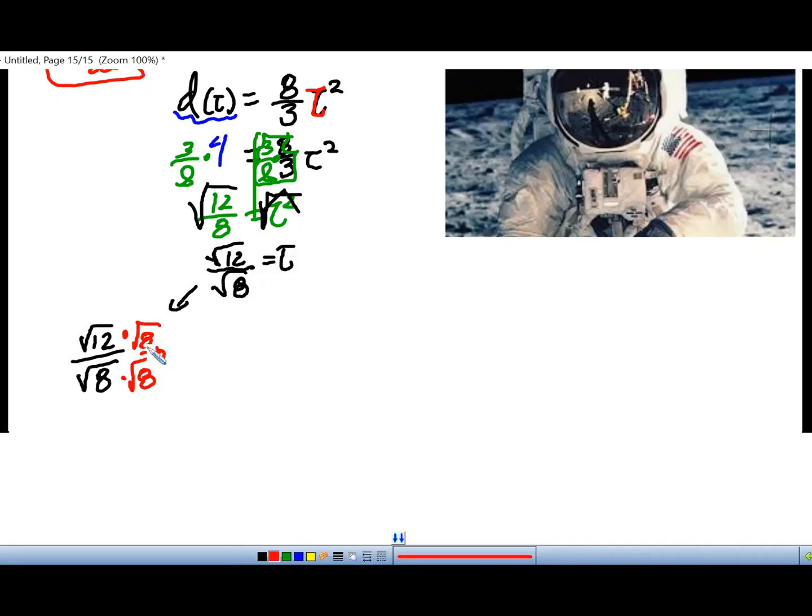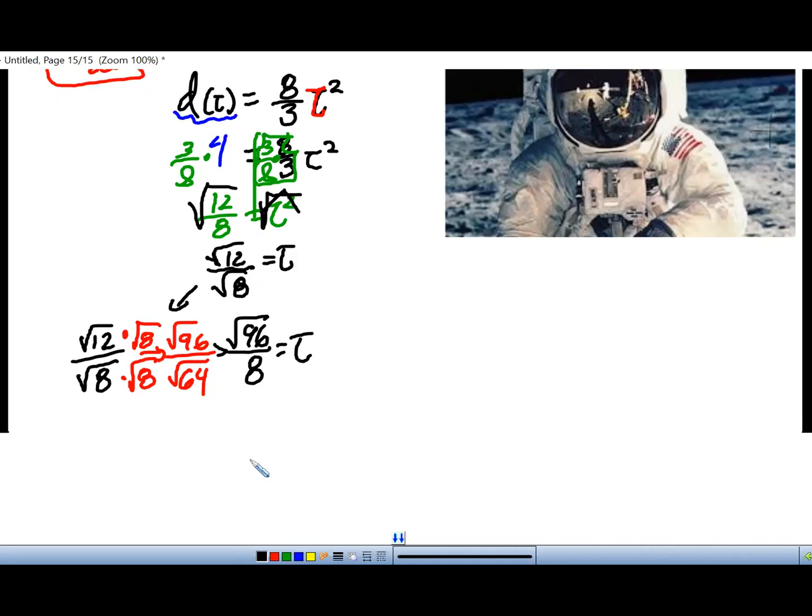So this becomes 12 times 8, that's square root of 96, over 8 times 8 is square root of 64. So if I simplify this, square root of 96 over, what is square root of 64? 8. So notice now on the denominator, we already simplified. And we're done. That's our answer.